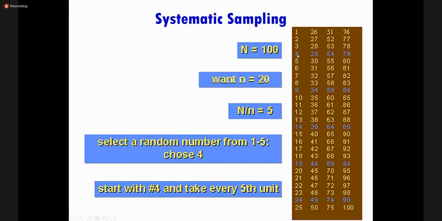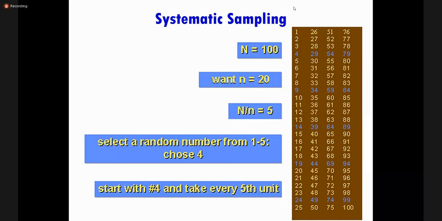Starting with 4, you go 1, 2, 3, 4, 5: the person listed at number 9 will be your participant. Then 1, 2, 3, 4, 5: the person listed at 14 will also be included in your sample. Now every fifth, that's 19, then 24, then 29, 34, 39, 44, 49, 54.